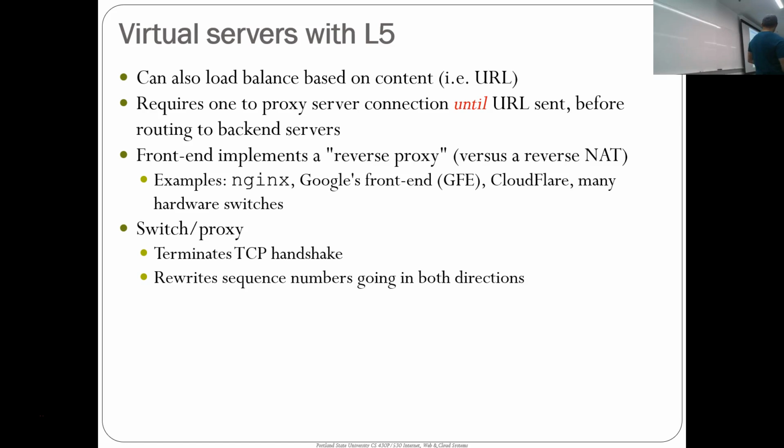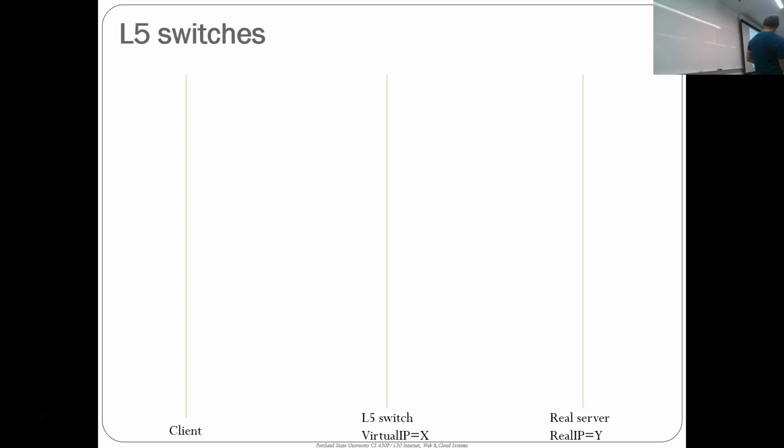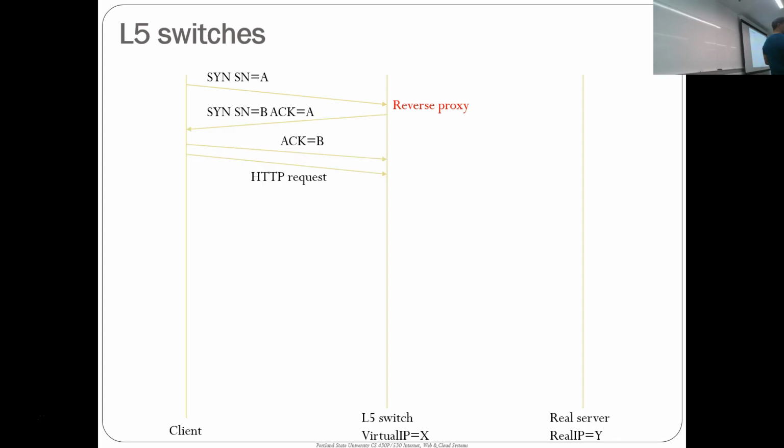Okay. All right. So this is the way it looks. This is how it operates in an animation. We call this an L5 switch. Here in the middle you have your L5 switch. It's got some virtual IP address X, and it's proxying for the real servers on the back end, IP address Y. The client knows about X, so it connects up to X. And then the switch is going to proxy the connection. It's going to say, yeah, that's me. I establish the connection.